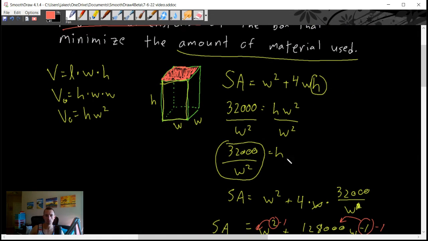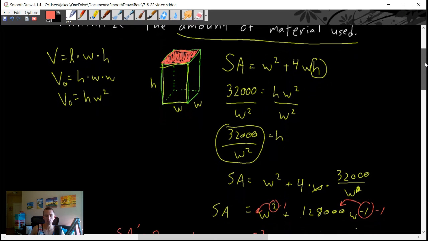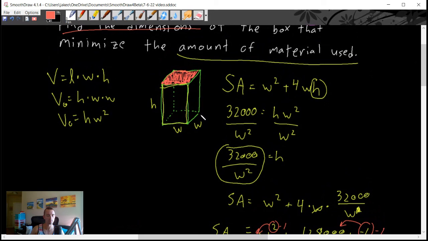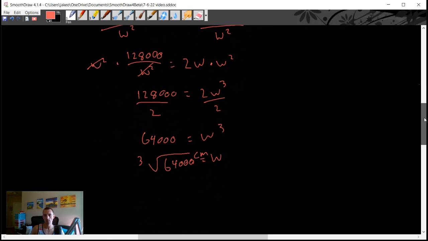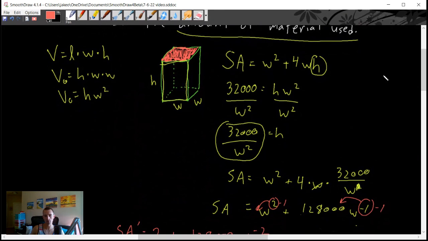Well, we found this equation here, H equals 32,000 over W squared. So we know our W, so we know the length of the base of each of these sides here. We know that those are both going to be the cube root of 64,000. Then to find the height, all we would have to do is plug the cube root of 64,000 in for W here.